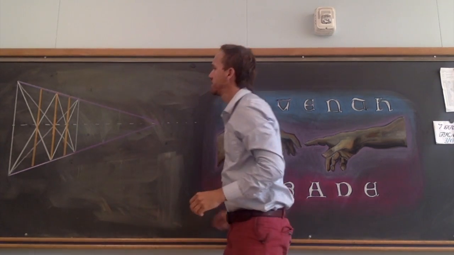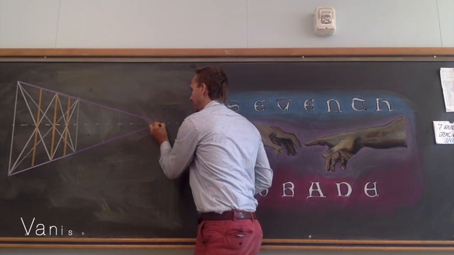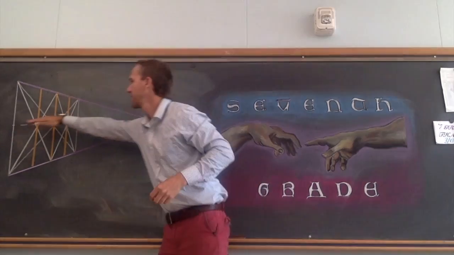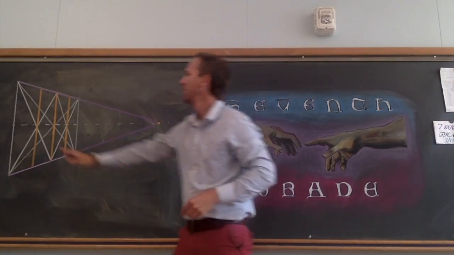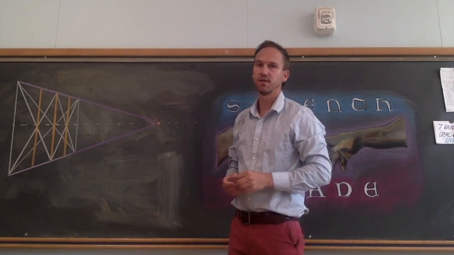The point at which these two purple lines meet is known as the vanishing point. The line that goes at a right angle to my posts, if you will, is known as the vanishing line.